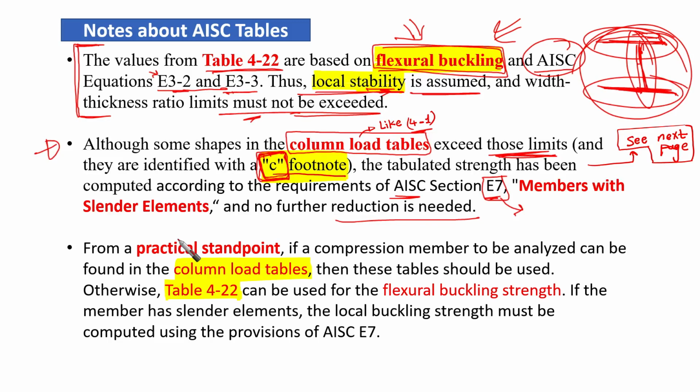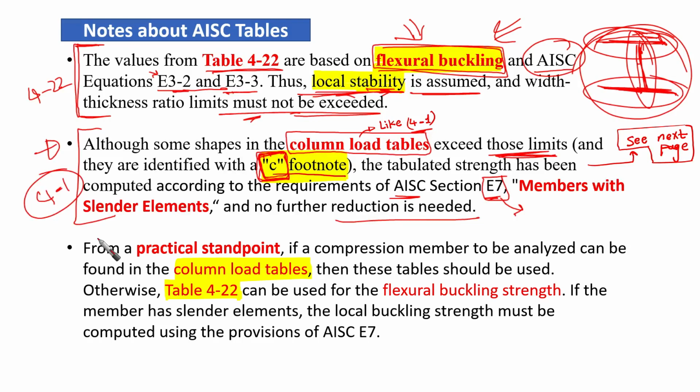Already the strength is reduced in order to take into account the local stability issues. So this is one of the biggest differences between table 4-22 here and table 4-1 here. We're going to find this C footnote on several shapes.